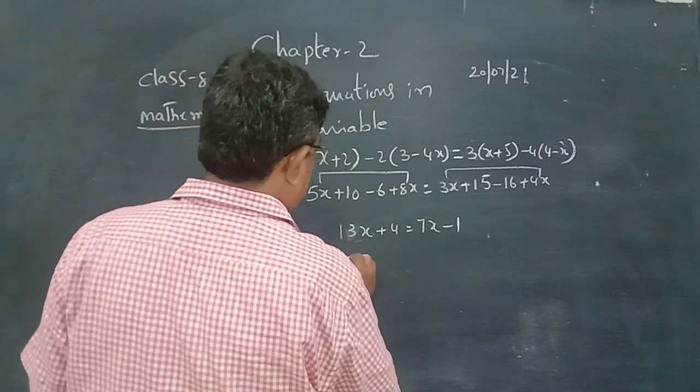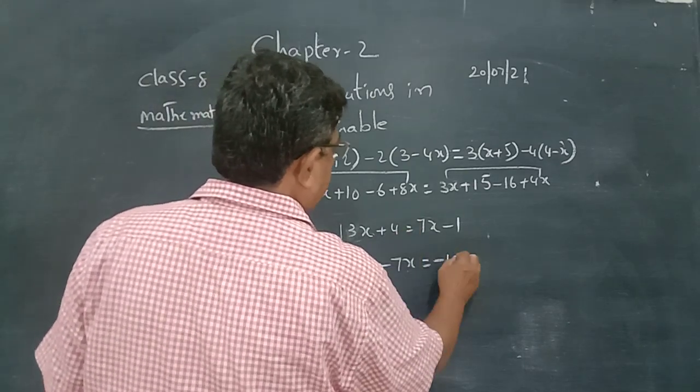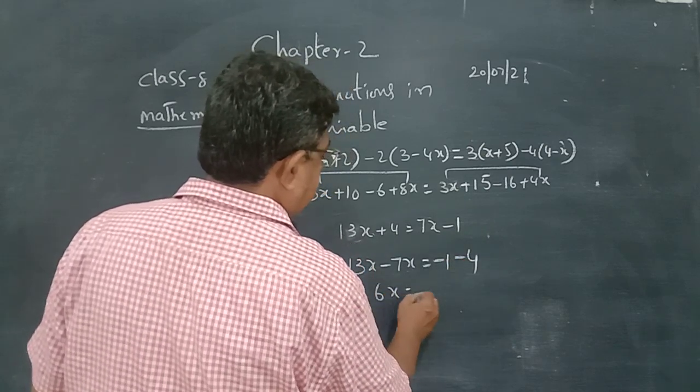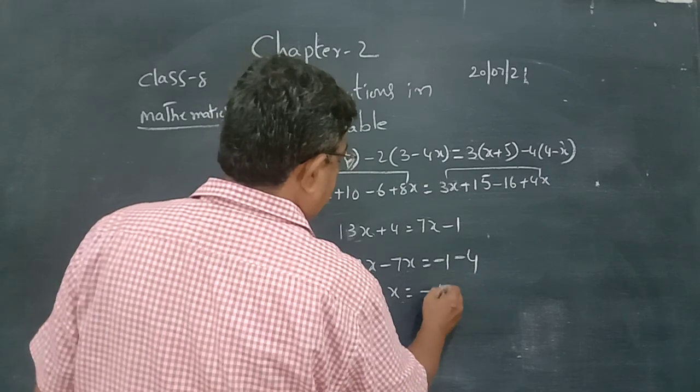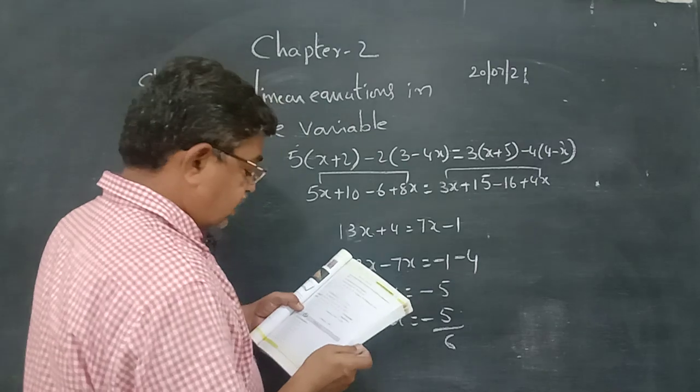Bring 7x to the first side: 13x minus 7x is equal to minus 1, plus 4 becomes minus 4. 13x minus 7x it is 6x, minus 1 minus 4 it is minus 5. Finally you got x is equal to minus 5 by 6.